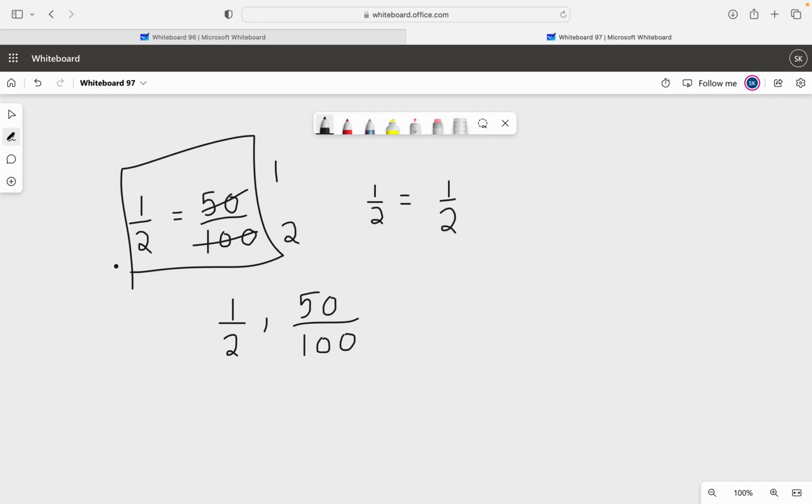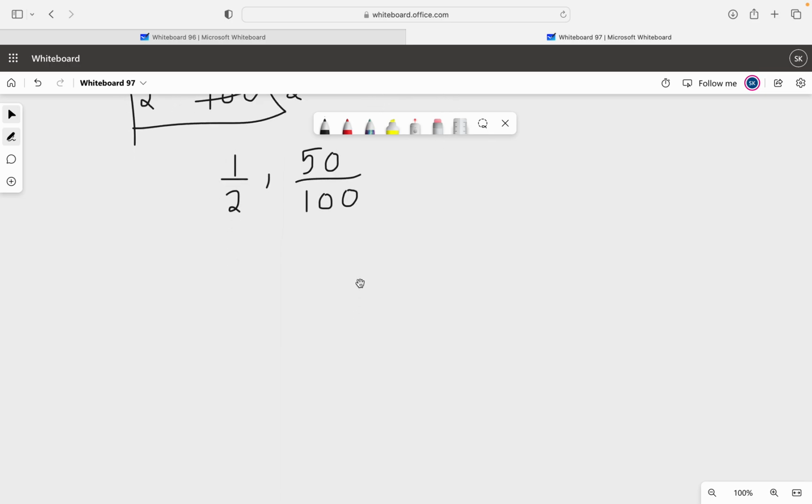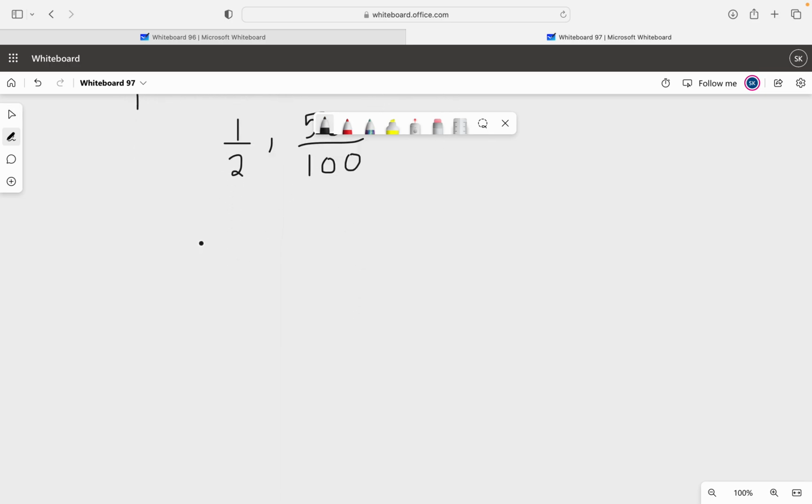Now another example which you can take is 1 by 3 and 300 by 900. Let's look at the larger number itself. When you simplify 300 by 900, 300 times 1 is 300, 300 times 3 is 900.